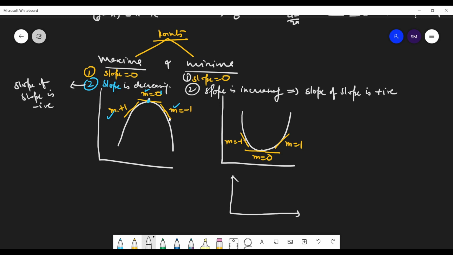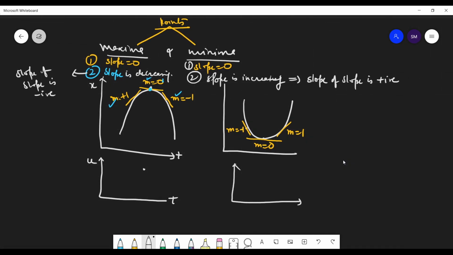Slope of slope is decreasing. See, what does this mean? Let us first find the slope. What is the slope from here to here at this point? What is happening at this point? Tell me. See, if this is xt, this is vt. Okay, let us do it like this, then we will be able to understand.